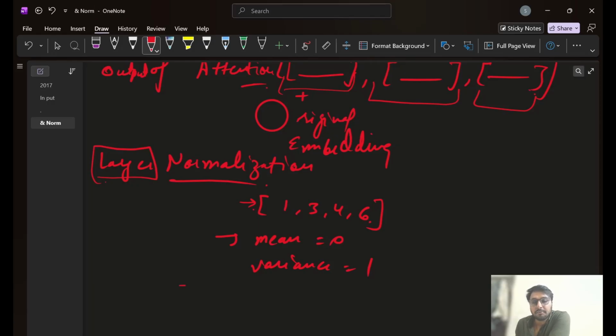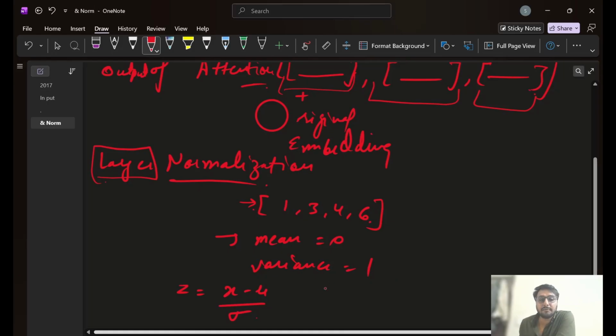We first compute the z-score, that is x minus mu upon sigma, where mu is equal to 1 plus 3 plus 4 plus 6 divided by 4. This is our mean. And for variance, how do we do this? We will do x minus mu upon, let me see my notes.